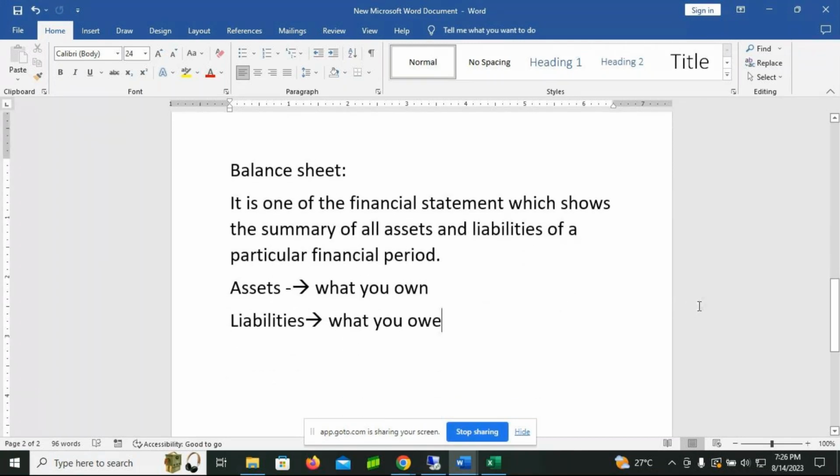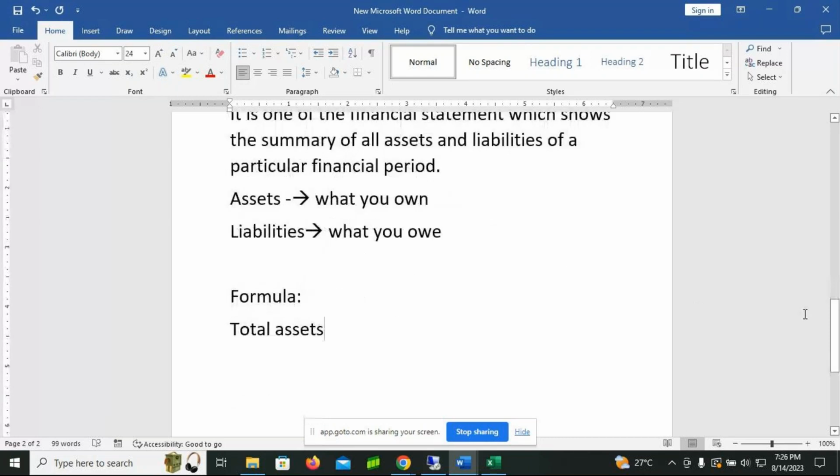Okay. So here, if I have to talk about the formula, it will be total assets equals total liabilities plus owner's equity.